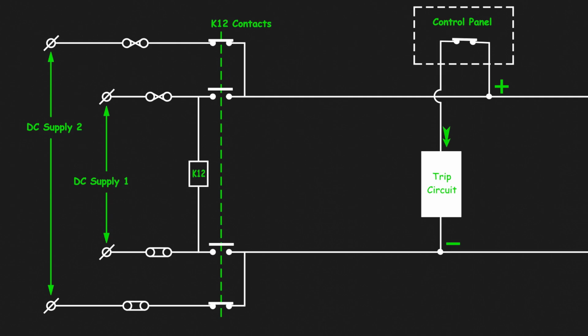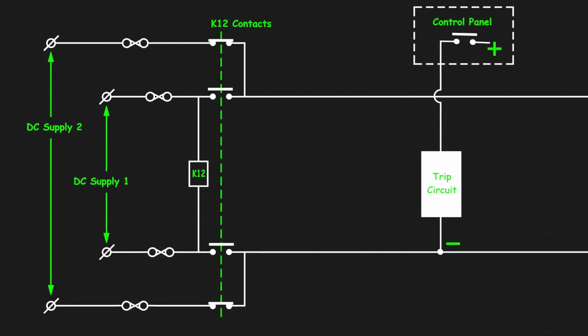Some manufacturers prefer not to use this local DC for the tripping purpose of the circuit breaker. In this case, the DC signal or DC pulse for tripping should come directly from the control panel itself. So in that case, even if the fuses here blow, the circuit breaker can still be tripped, since the trip DC is coming directly from the control panel and not from this local supply.